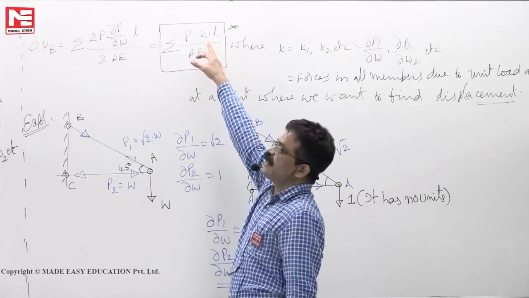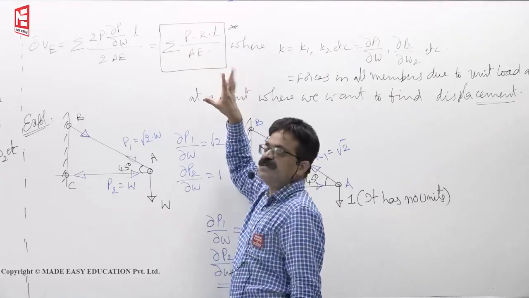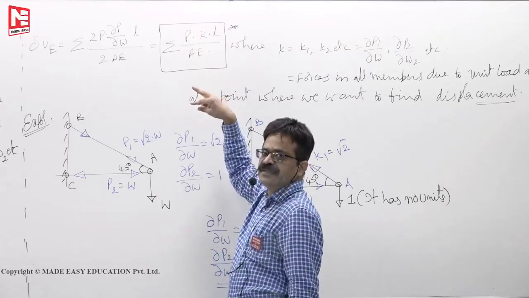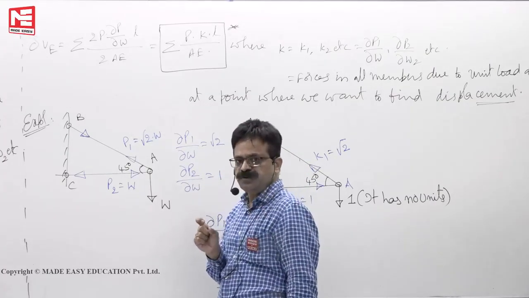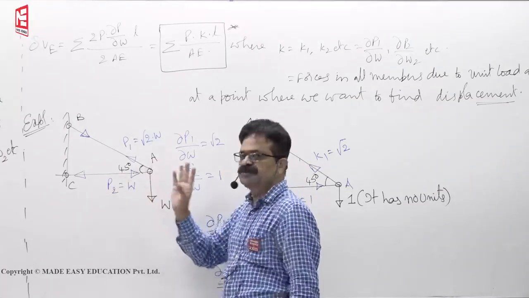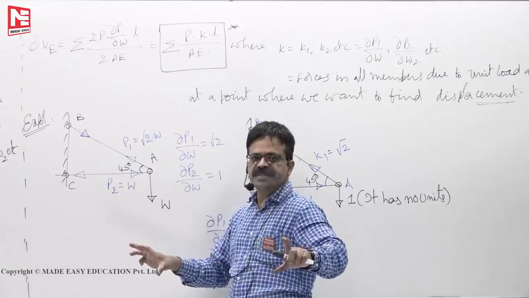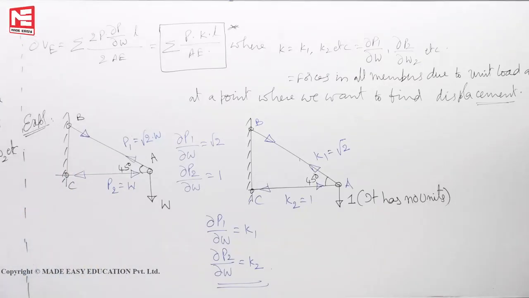Then in the third step, multiply them, PKL by AE. These 3 steps, finding P, finding K, finding PKL by AE, must be over in 2 minutes time. To ensure that you will complete it in 2 minutes time, they don't give more than 2 or 3 members. Only then can you complete it in your stipulated 2 minutes. So this is your first application.